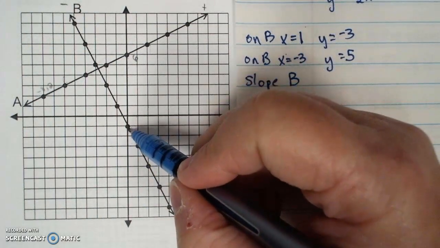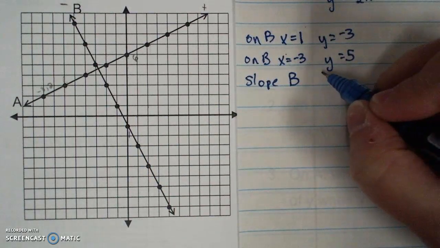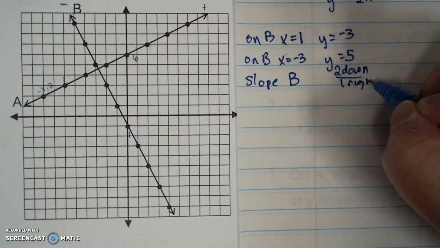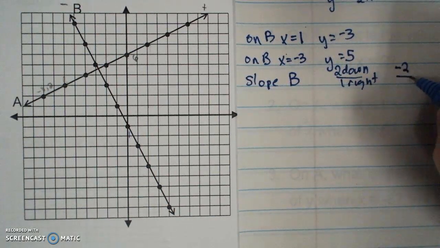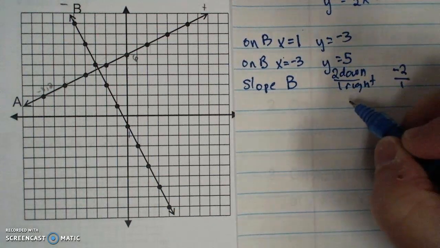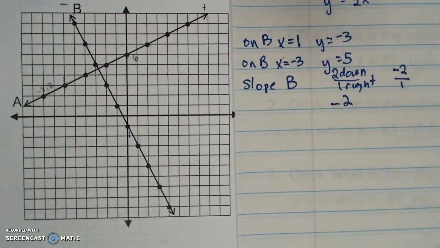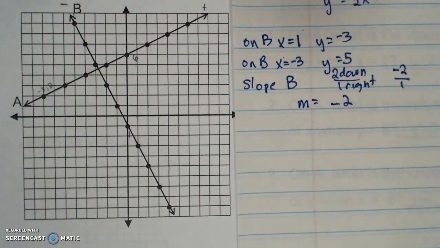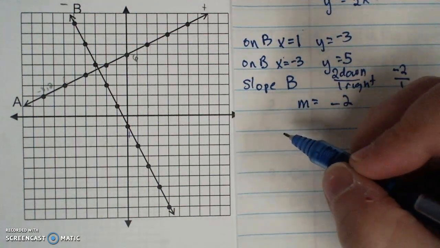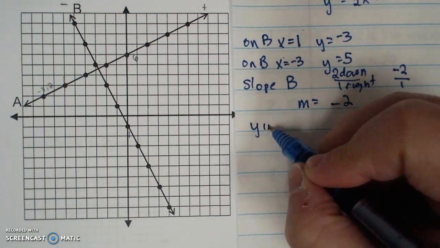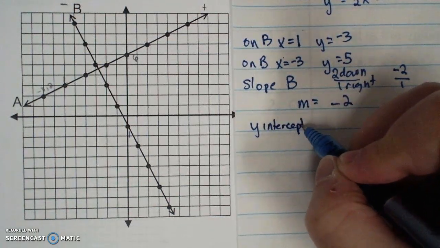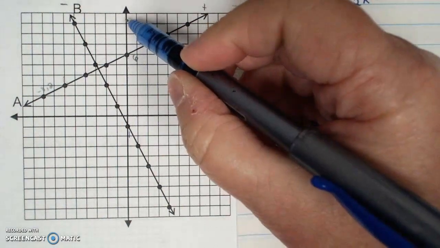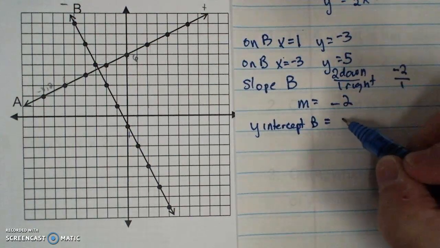From dot to dot, I go 2 down, 1 right, 2 down, 1 right, which is -2 over 1, which is simplified to -2. That's my slope, and slope is always with an M. My y-intercept of B is, and I go on the y-axis, and it's at -1.